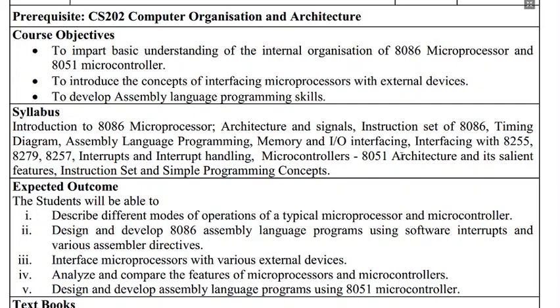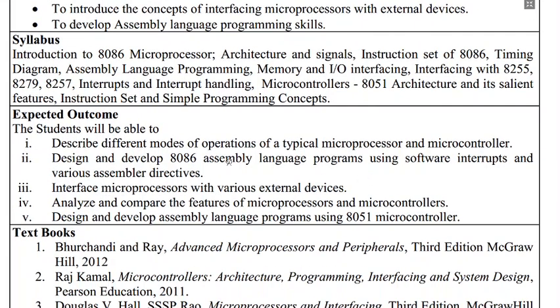Once this course is taken by you, this is what is expected. You will be able to differentiate or describe the operations or different operating modes of microprocessor and microcontroller. You will be able to develop assembly language programs for the 8086 processor using suitable software interrupts and assembler directives. You will also be able to interface the processor with various external devices.